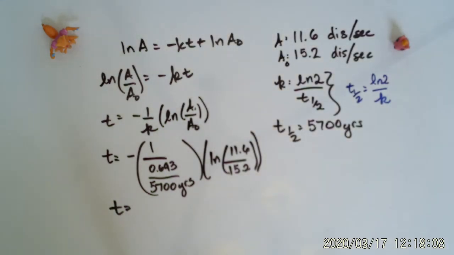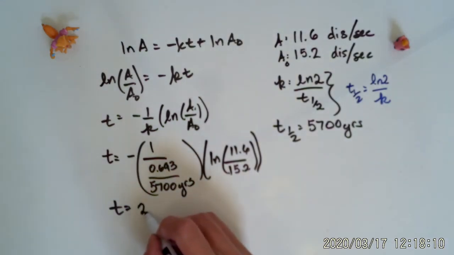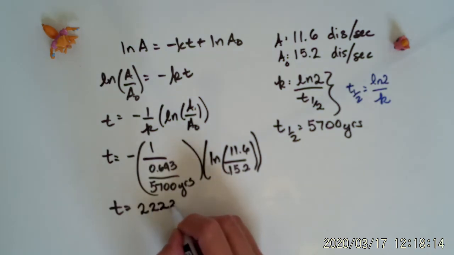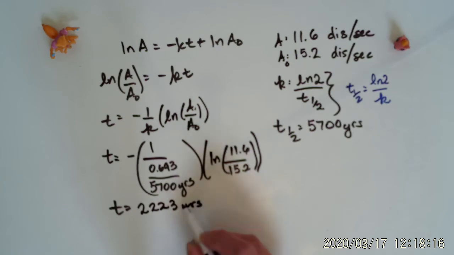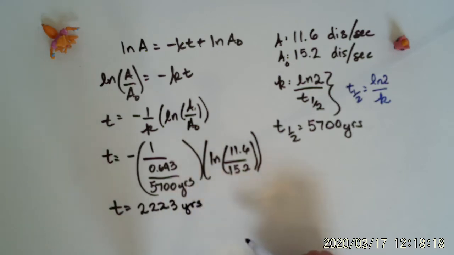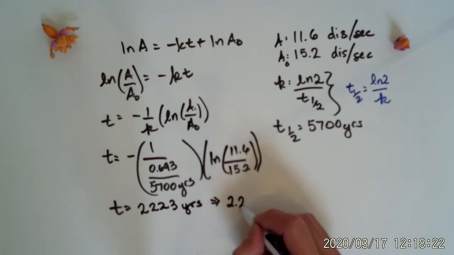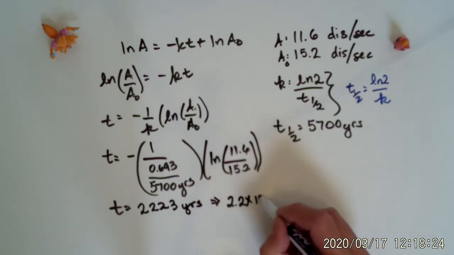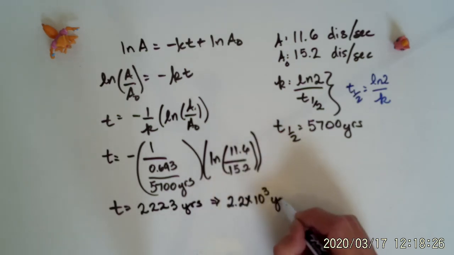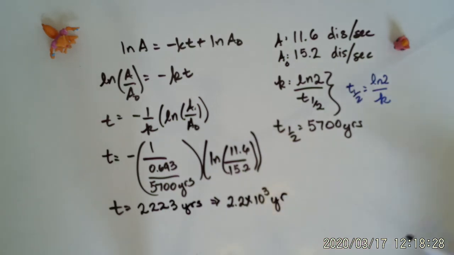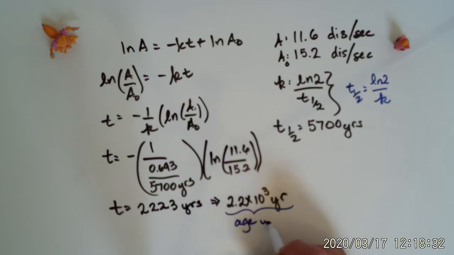So we get 2,223 years old. This piece of wood is 2,223 years old. Since we're talking about two significant figures, 2.2 times 10 to the third years. So this is the age of the wood object.